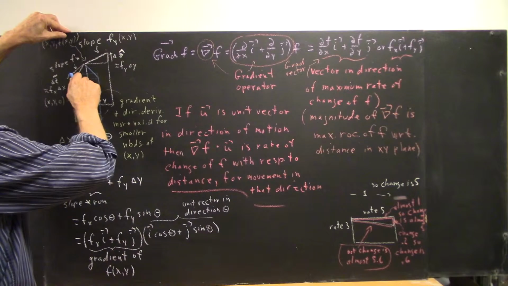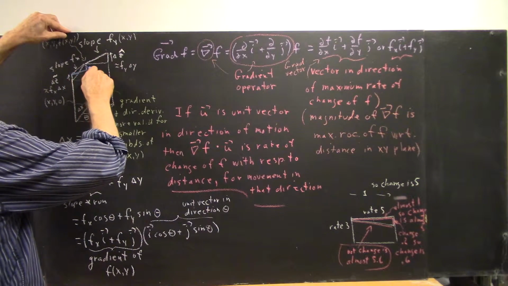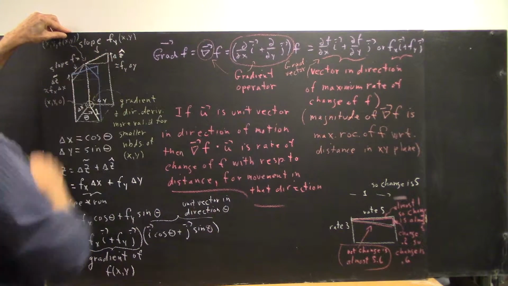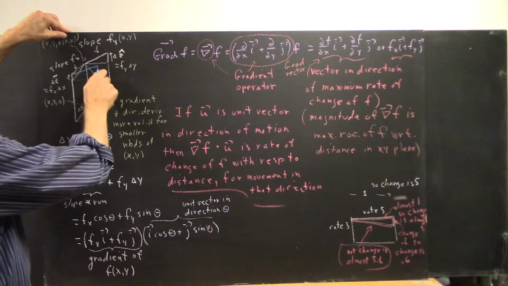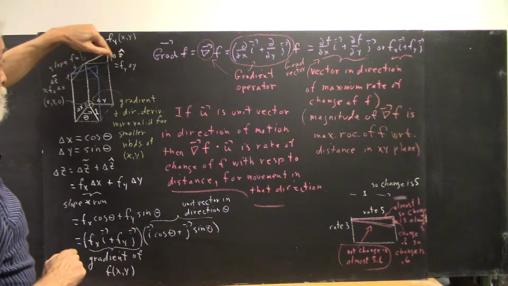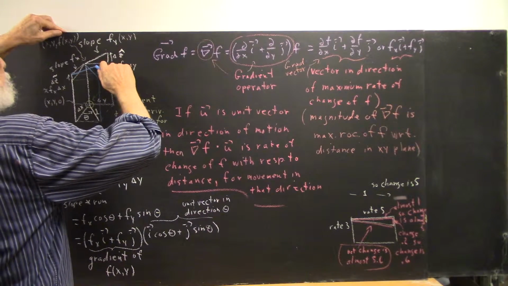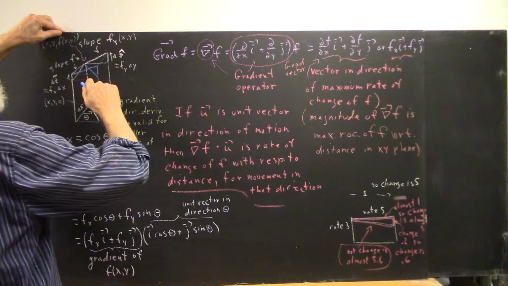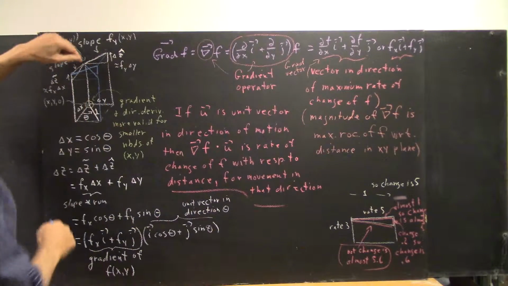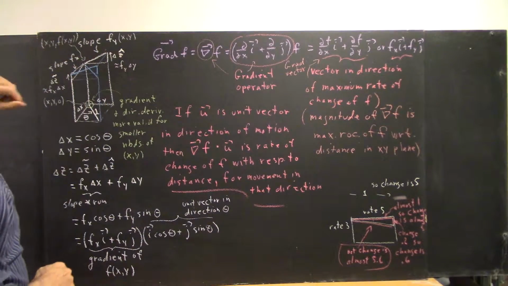Well, I can draw a line segment here that's parallel to this one, and I'm going to get a delta z hat here, same as this one. And then I can sketch a segment over to here, and then I've got to put a segment like this on top of it, and so forth.